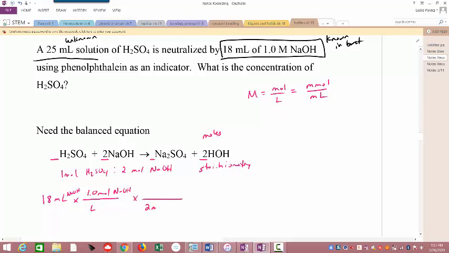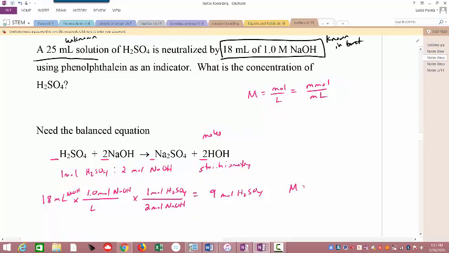And we know that there are 2 moles of NaOH for each 1 mole of H2SO4. So that's going to give us 9 moles of H2SO4.